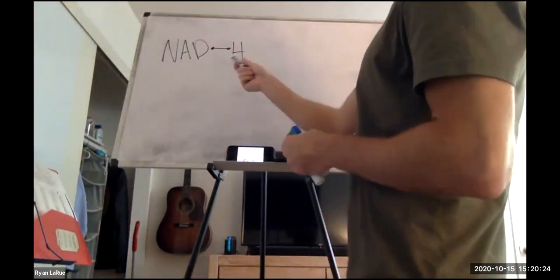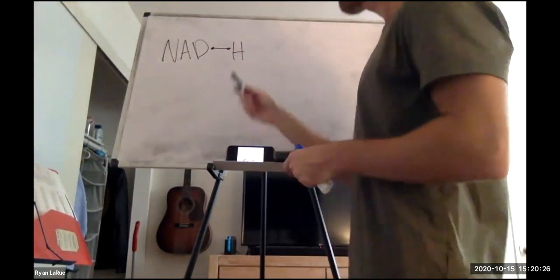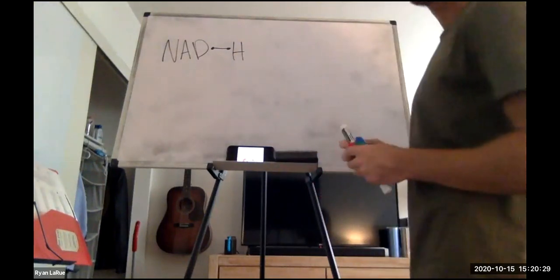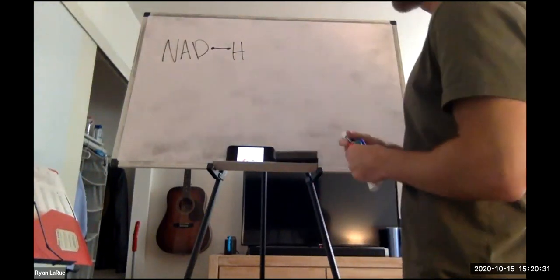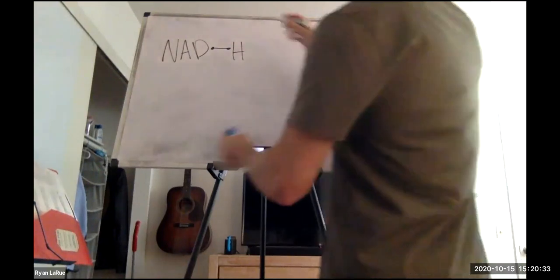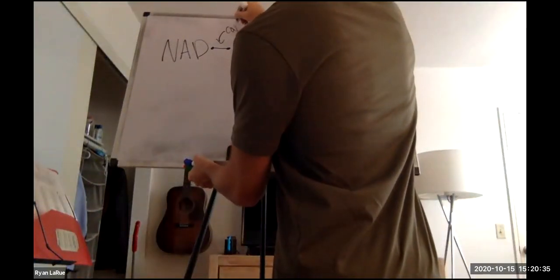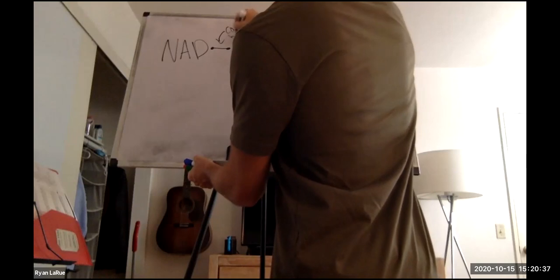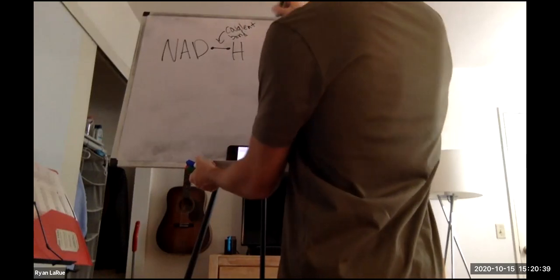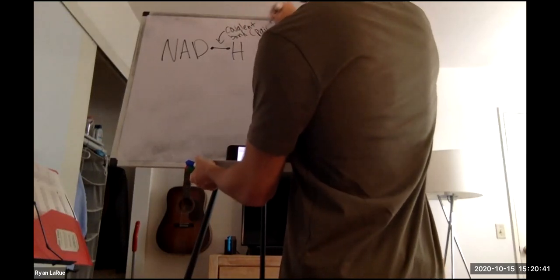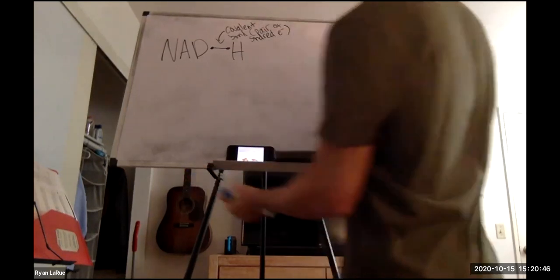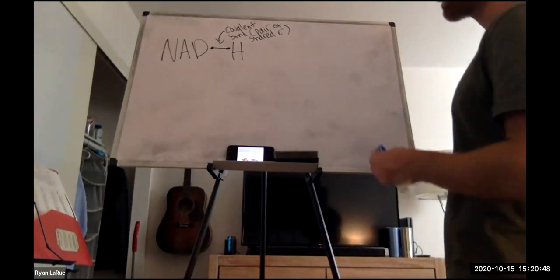It's actually NADH. It's NADH, and I drew the covalent bond to the hydrogen here on purpose. So it's our covalent bond, which is our pair of shared electrons, right? Pair of shared electrons.